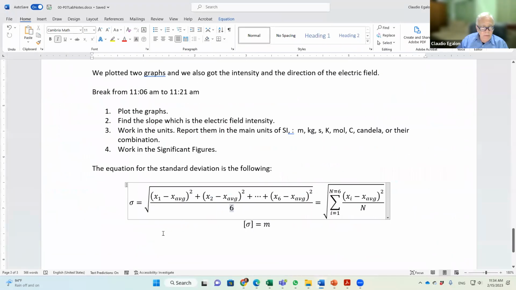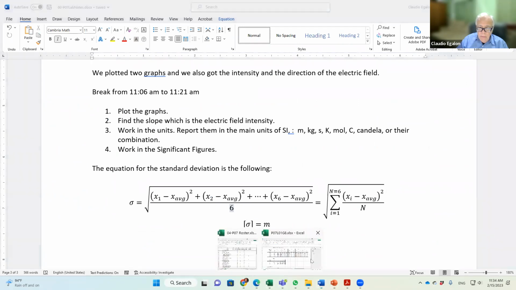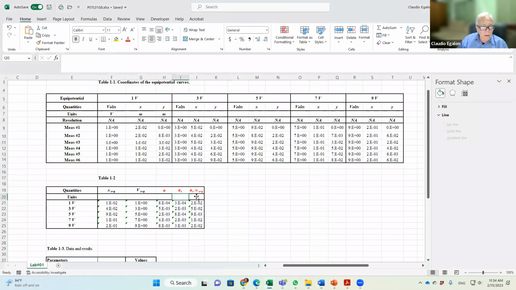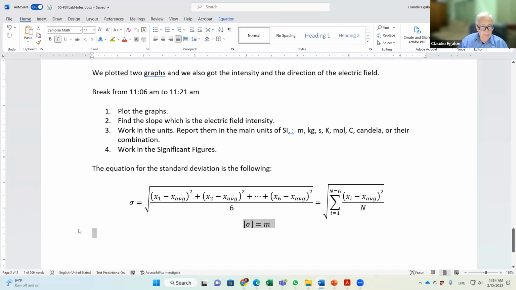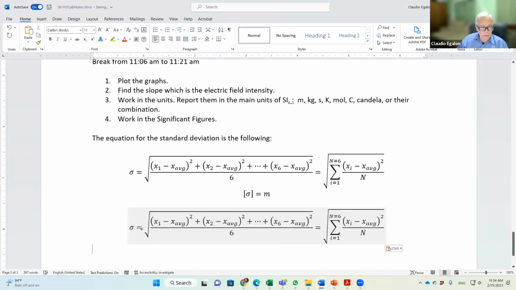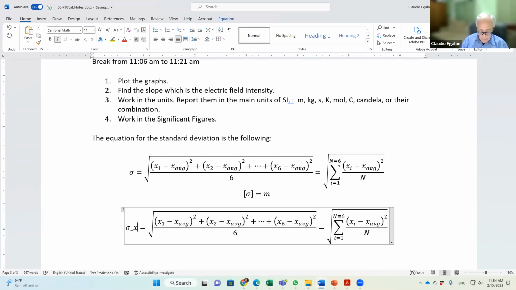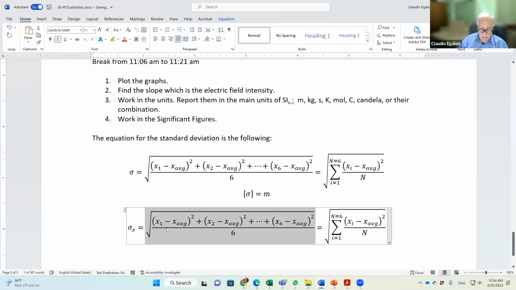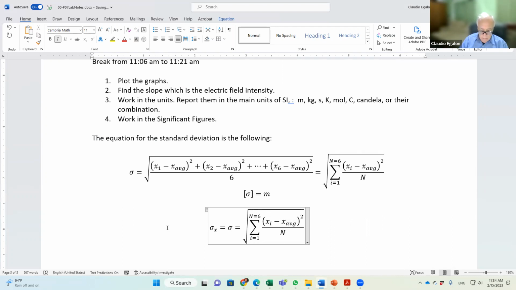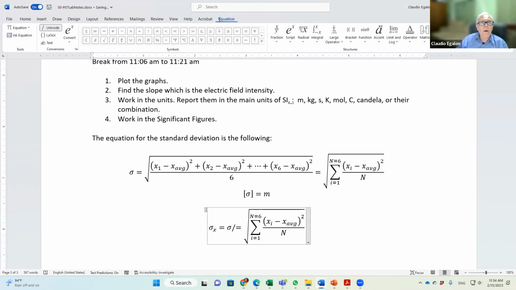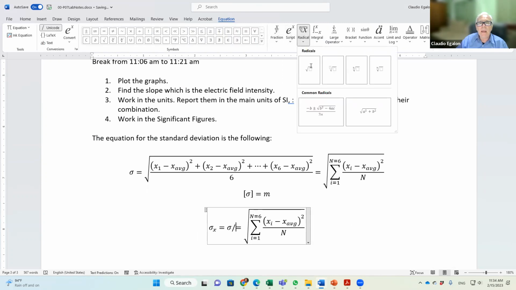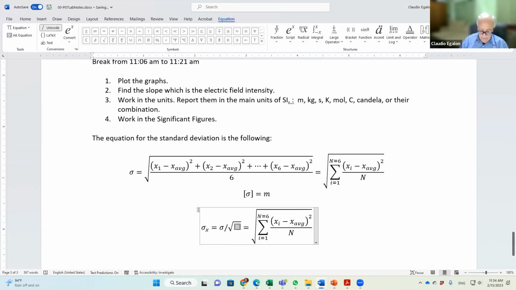What's the notation that I use there? Sigma sub x is going to be sigma divided by square root of n.